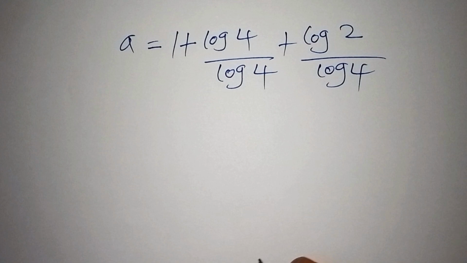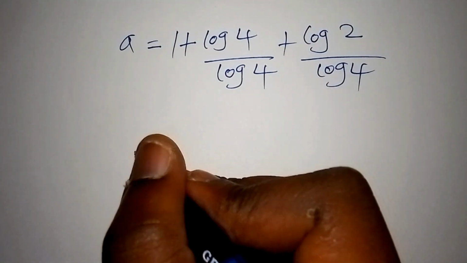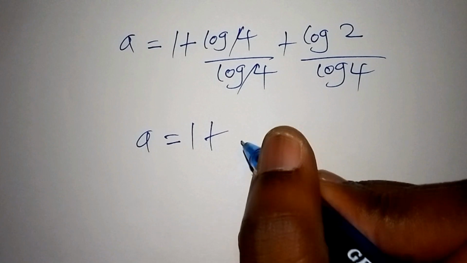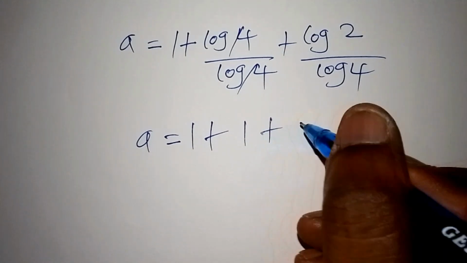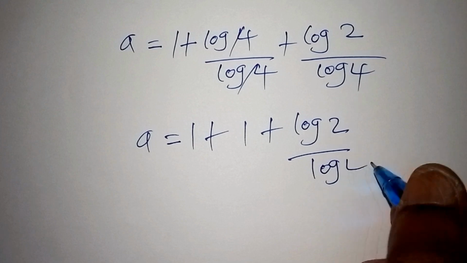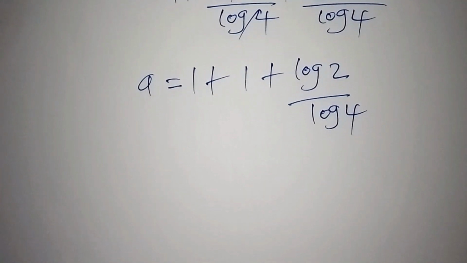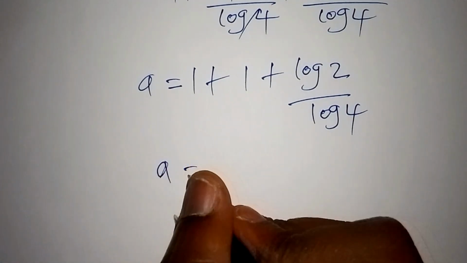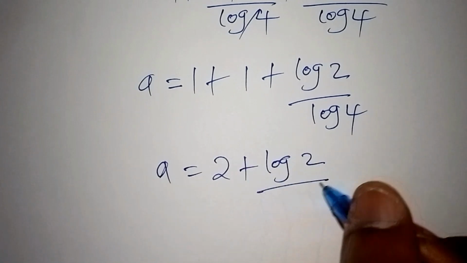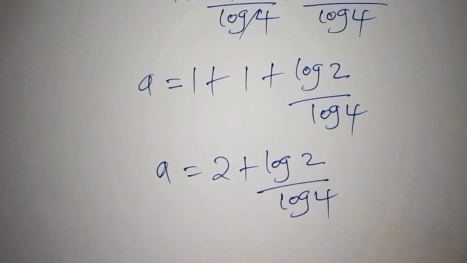This value can be simplified by having a is equal to 1 plus, the log of 4 and the log of 4 shall cancel, so we shall have 1 plus the log of 2 all over the log of 4. Then we shall have a is equal to 1 plus 1 is 2 plus the log of 2 all over the log of 4.